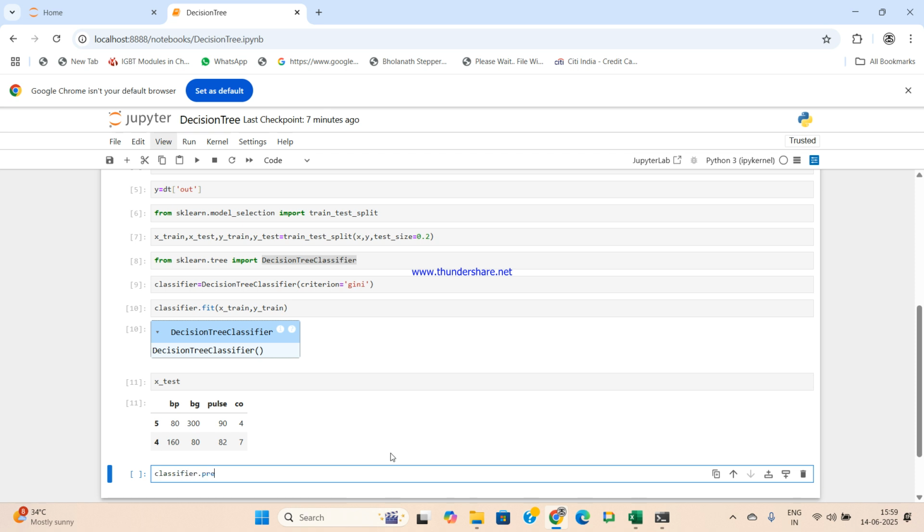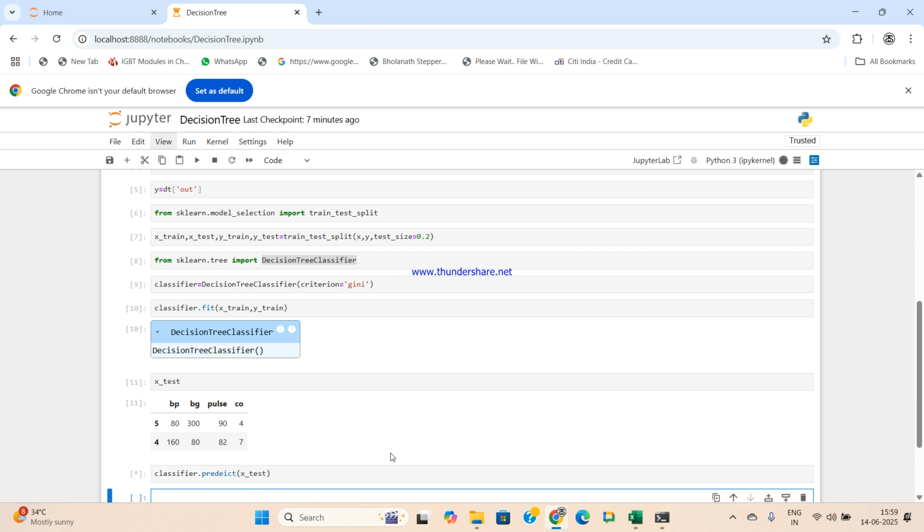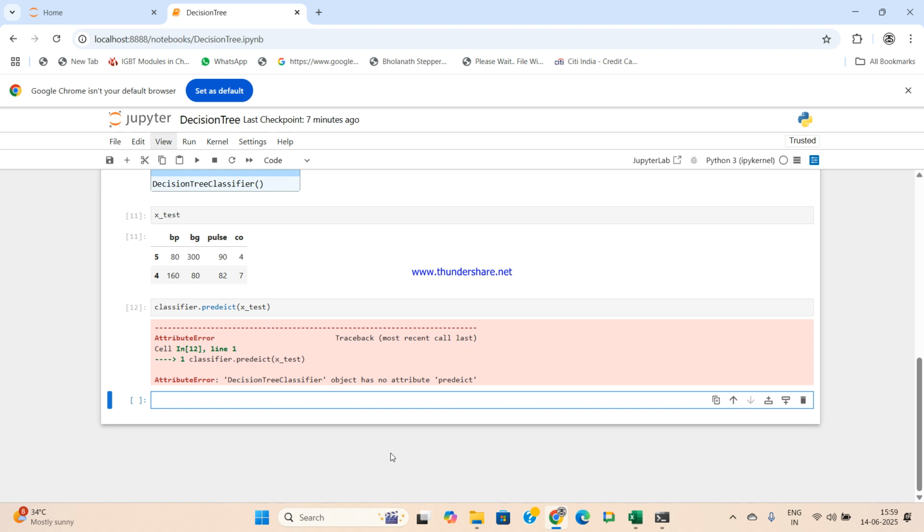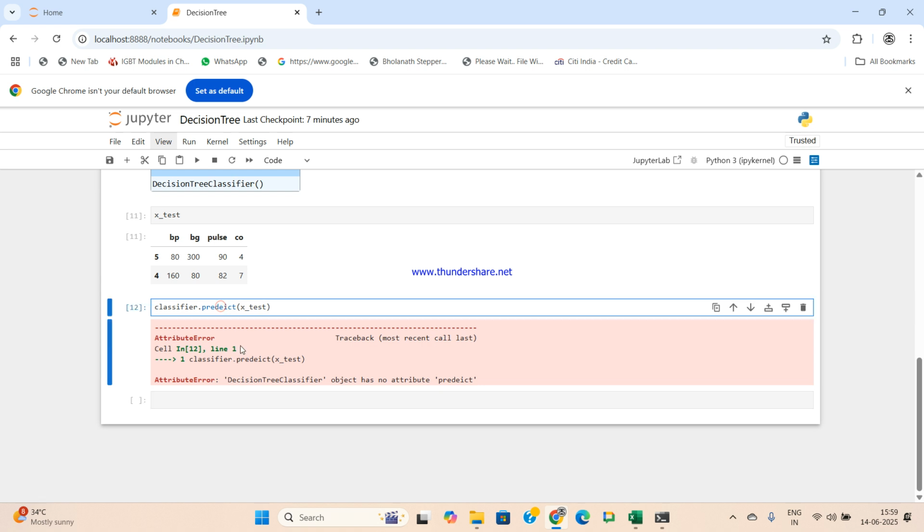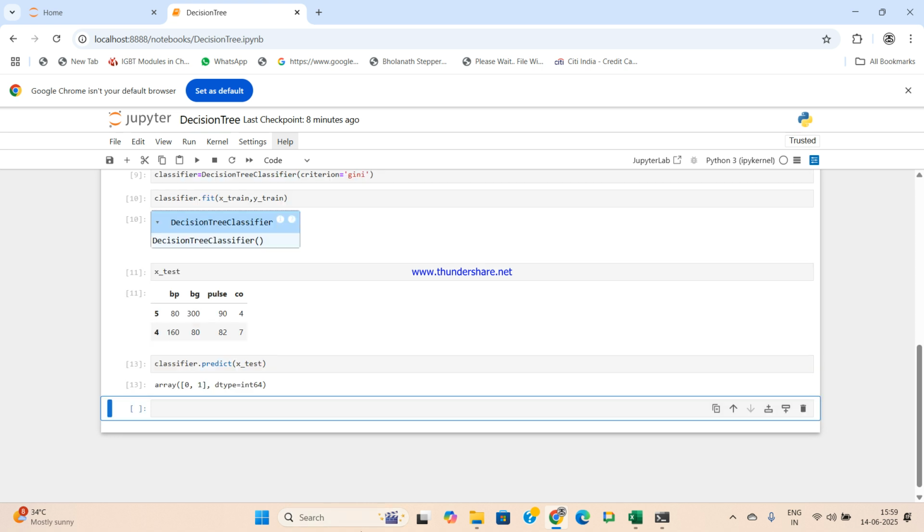The command is classifier.predict of my x_test. If we enter, you see it is showing 0 and 1.